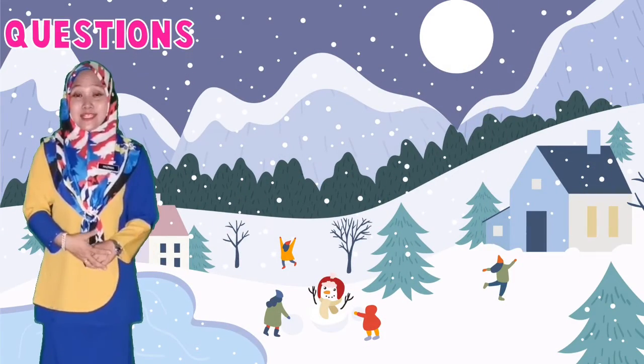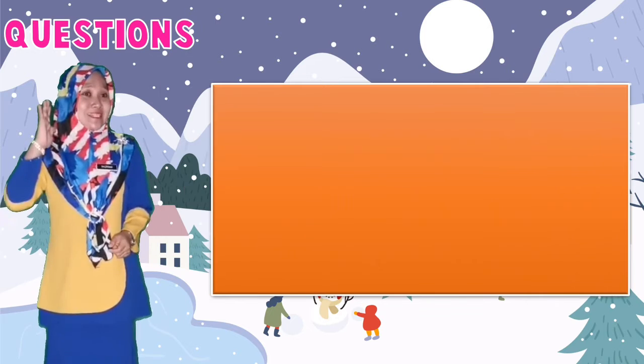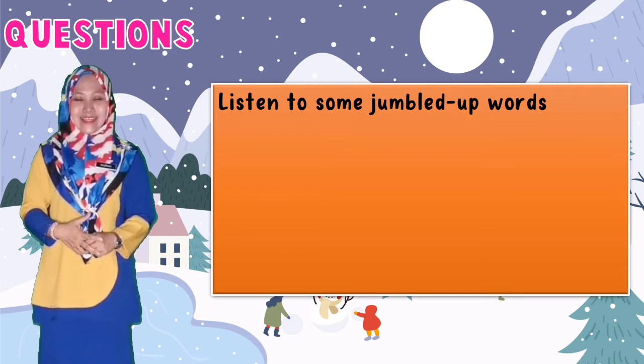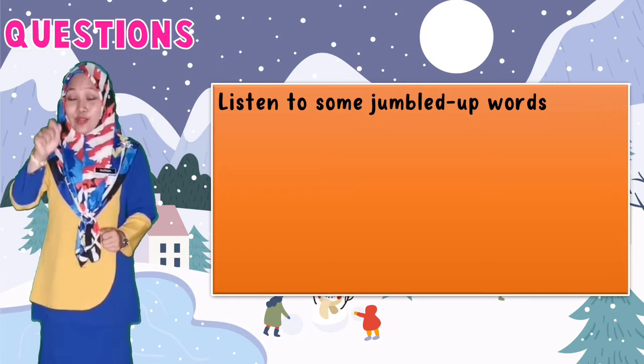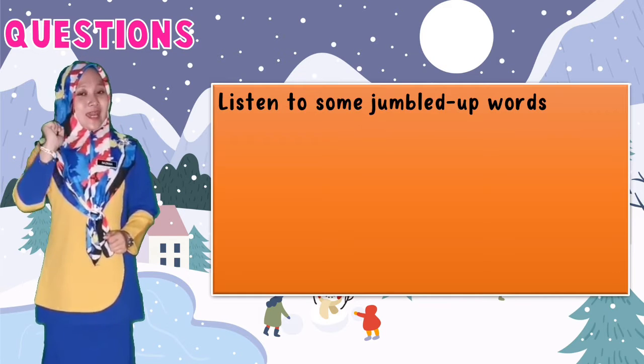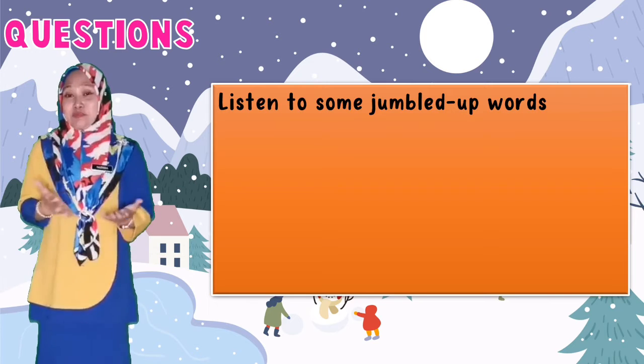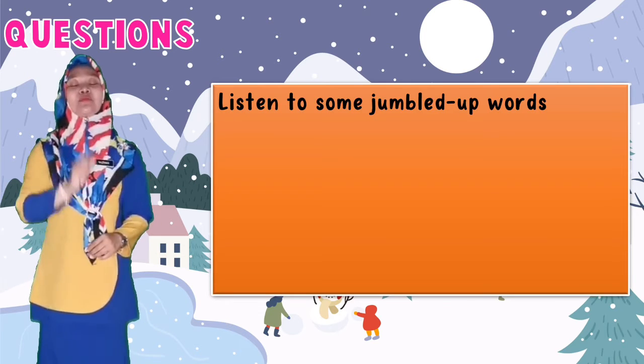Before we end our lesson today, I would like you to listen to some jumbled up words. And after that, you have to write 2 unjumbled questions correctly. Are you all ready? Number 1.